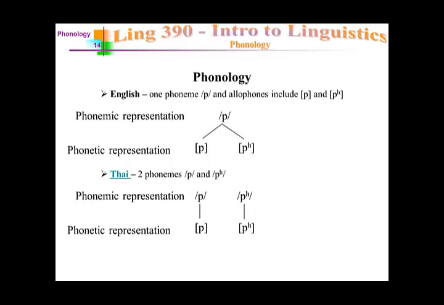In both Thai and English, we produce both of these sounds. But in English, we think of them as the same sound, while in Thai they think of them as different sounds. This can create some difficulties when a speaker of Thai, for example, starts to learn English. Our sound categories are different from the ones that they know, and as a result, a speaker of Thai might encounter some problems.